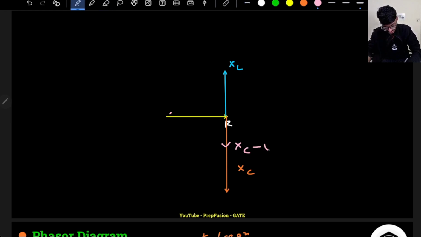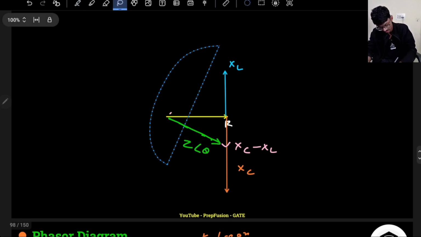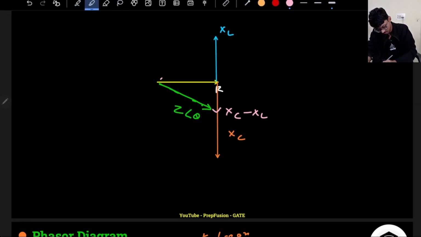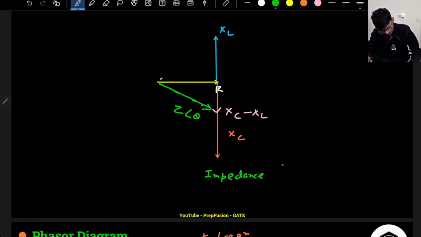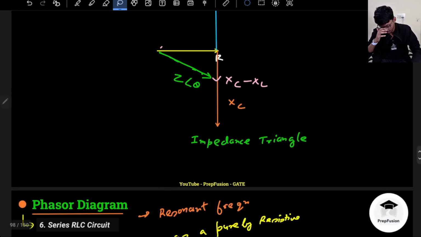So XC is higher, it will be XL minus XC, and overall the resultant will be somewhere here. This will be the resultant of the impedance, the impedance triangle, okay. I hope you have understood this point.